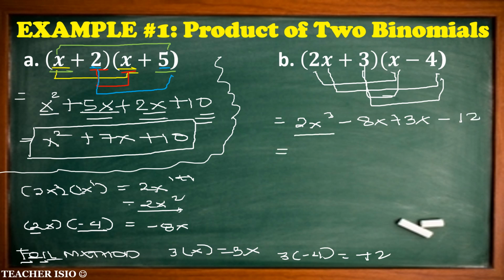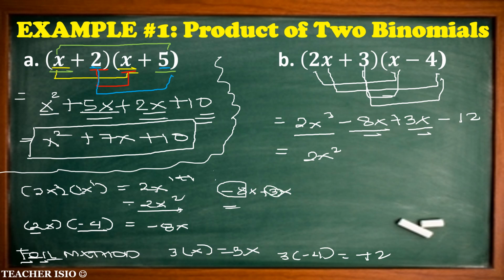For 2x squared, may kahalintulad na term ba? Since none, just bring down. How about negative 8x? Meron 3x. So what is negative 8x plus 3x? Again, ang ginagawa lang natin diyan, if we have negative 8x plus 3x, i-add natin yung numerical coefficient.